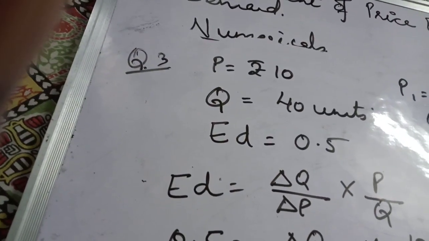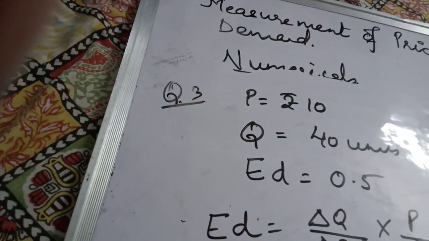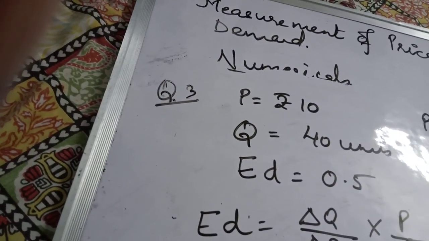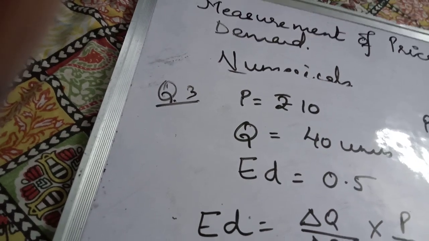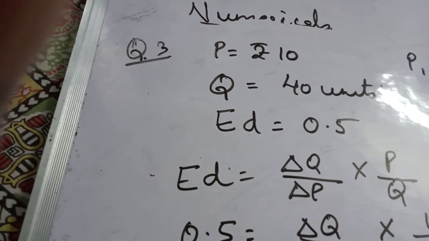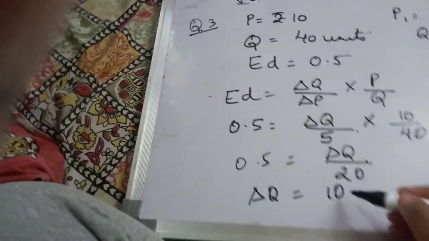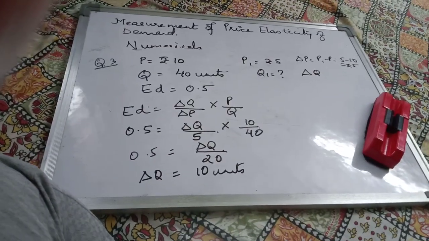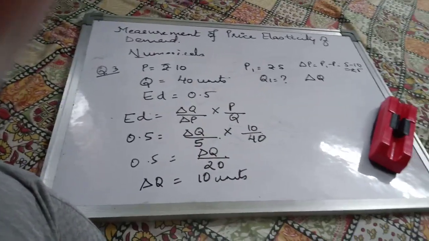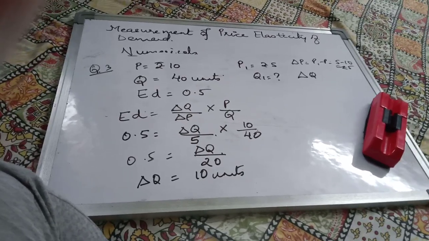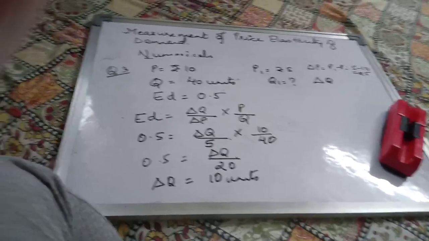So can we calculate? 0.5 is equal to delta Q upon 20. So delta Q is equal to 10 units. Okay, so you've got delta Q, but we need to calculate Q1. Now we see that the price is falling, so what will be the formula?